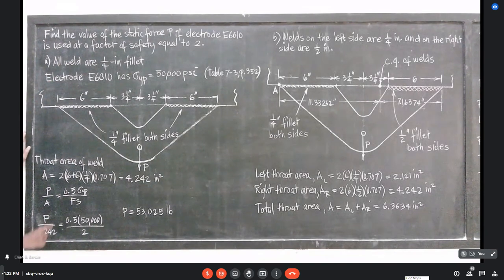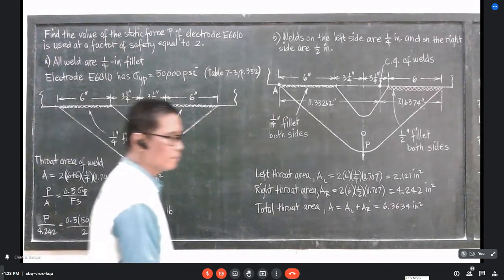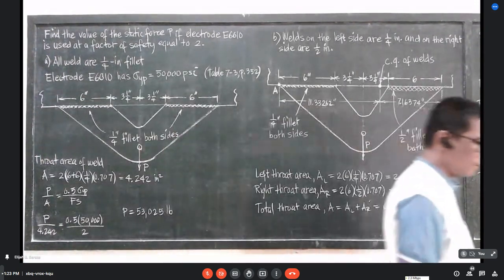So P, throat area, yield point in shear, and the factor of safety. We get a value of P of 53,025 pounds. Any question?